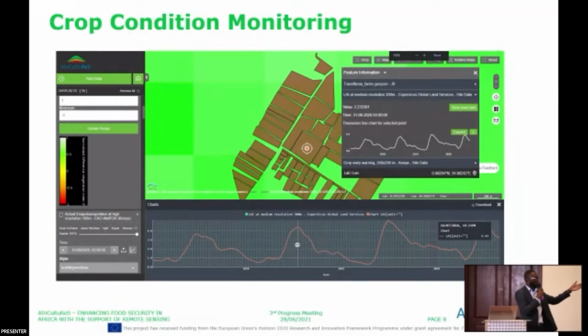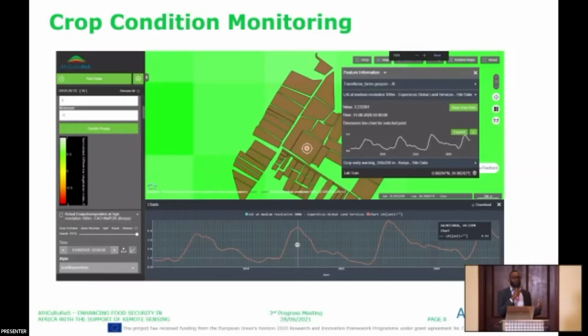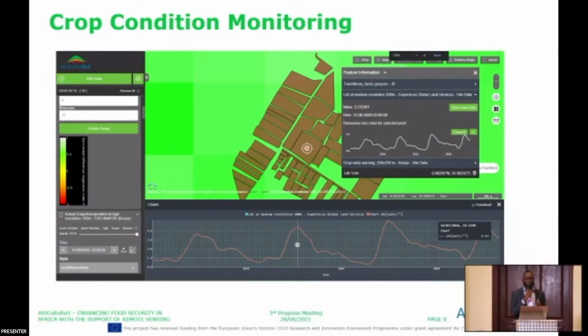You can see these are only 3 crop seasons, but you can date back if you have a long time series, and this will inform the improving of agricultural practices and even looking into the conditions of the farm so as to boost its productivity.